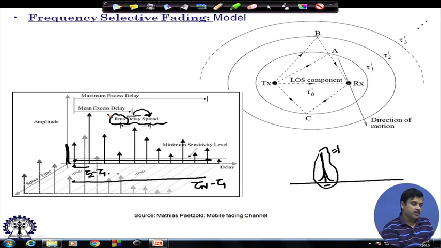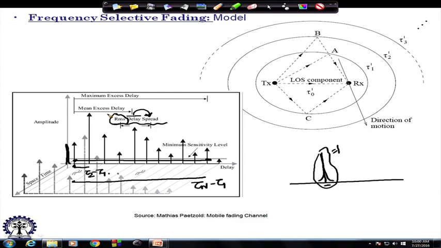I will draw a quick reference to our earlier discussion on flat fading. In flat fading we had studied using S tilde t equal to 1. That means we had S of t equal to cos 2 pi f c t, a single tone.